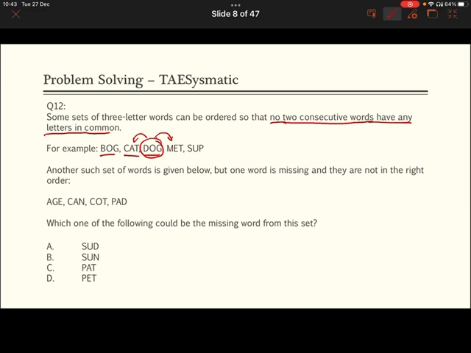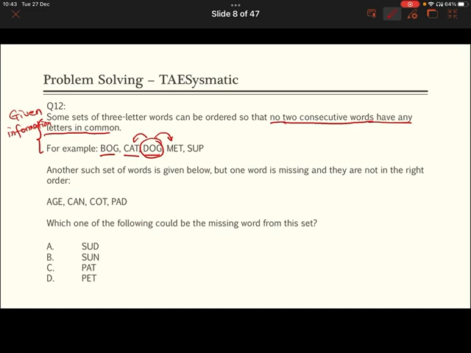But this example is trying to help us accurately understand what they're saying. So immediately after we understand this information, we need to use it to solve the problem.